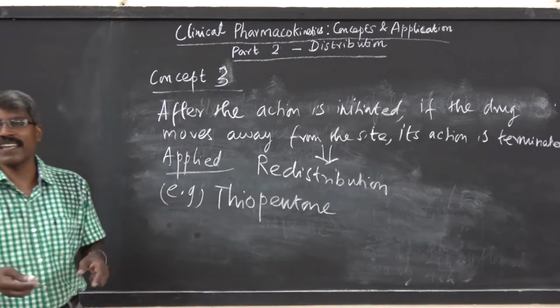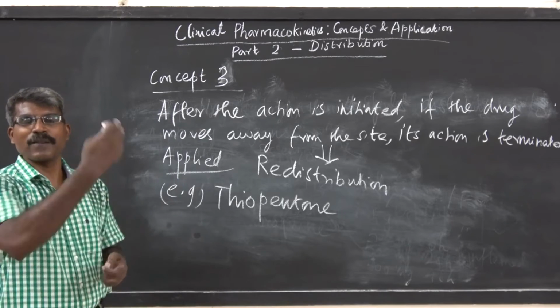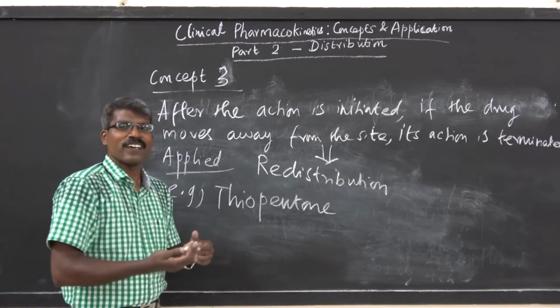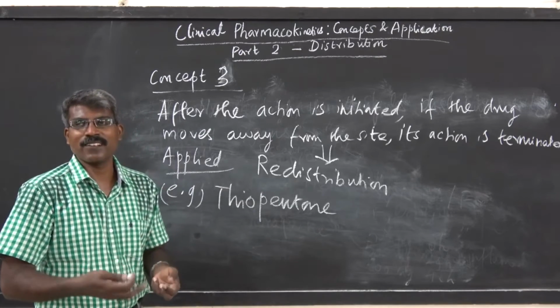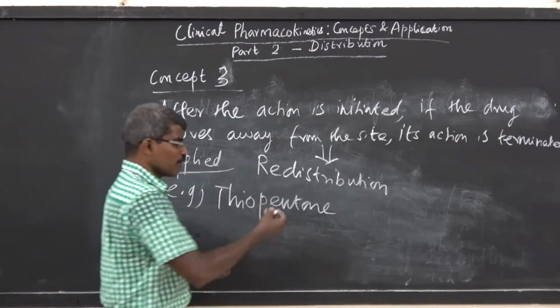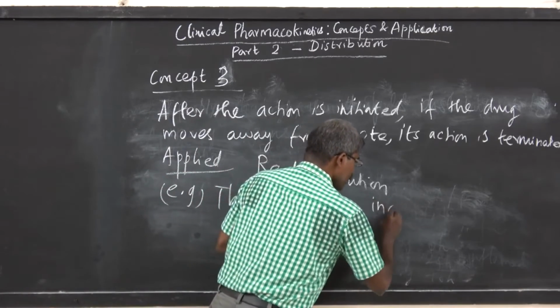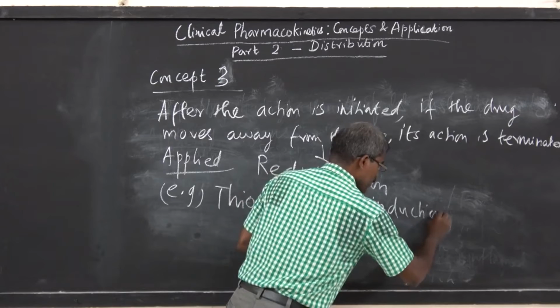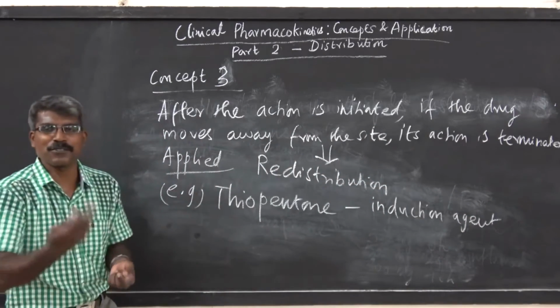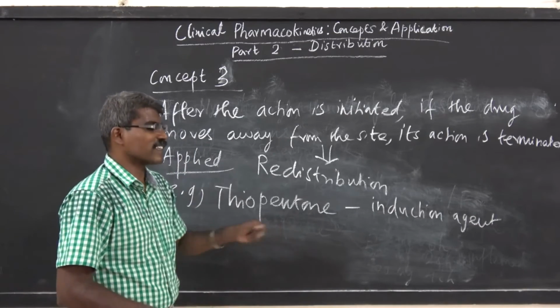This is an anesthetic agent, so it crosses blood-brain barrier very rapidly. So hence it induces anesthesia. The onset of anesthetic action is very fast, so it's a very good induction agent because it crosses the blood-brain barrier very fast, goes into the brain and starts its anesthetic action.